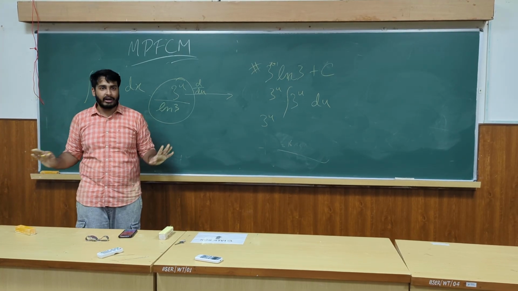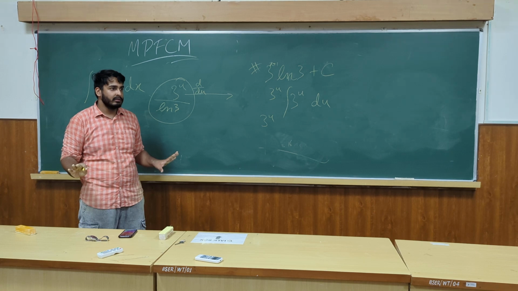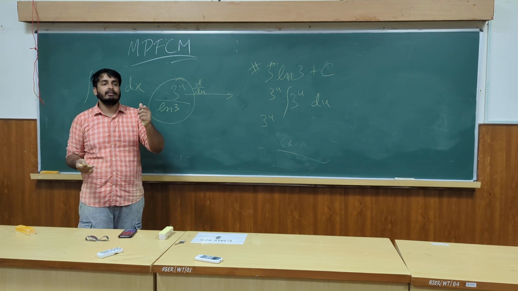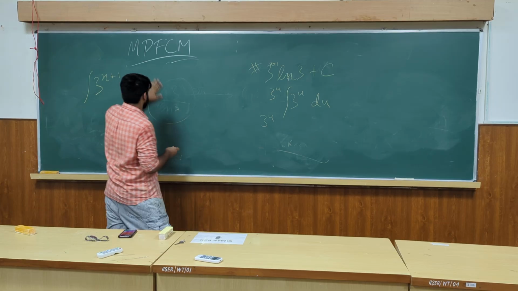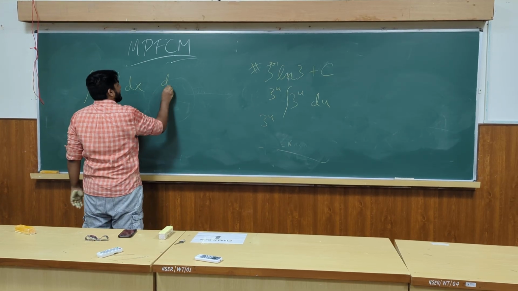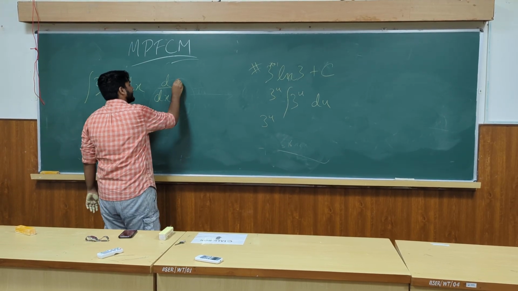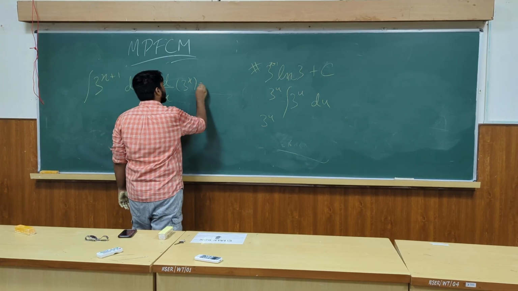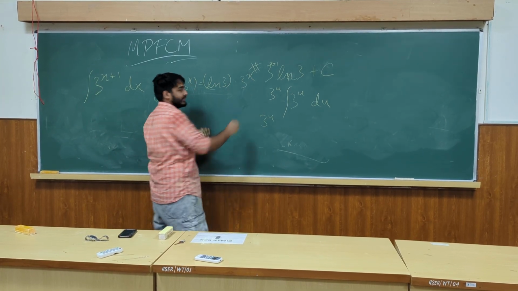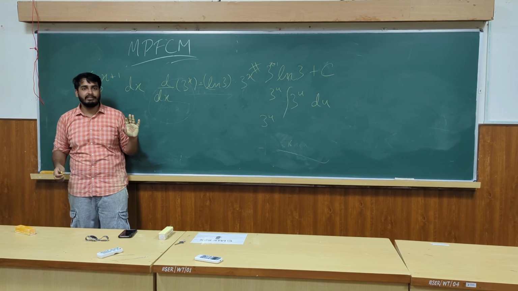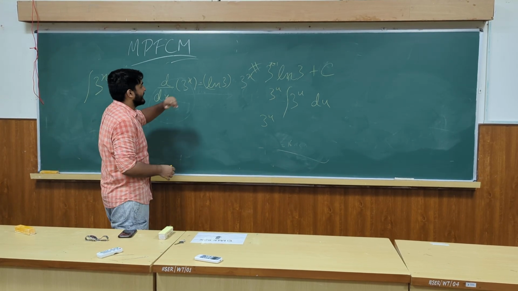Did everybody get that? What I did there? Any confusions? You want me to go over it again? Yes? Okay, repeat that one. What I'm saying is that I claim d over dx of 3 raised to the x is ln 3 times 3 raised to the x. Does everybody get that? Aloud yes, please. Yes, we get that.